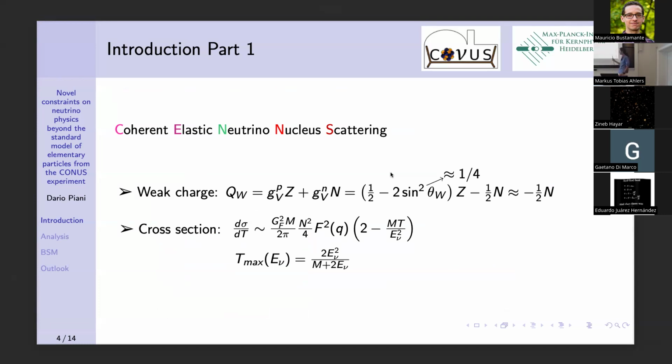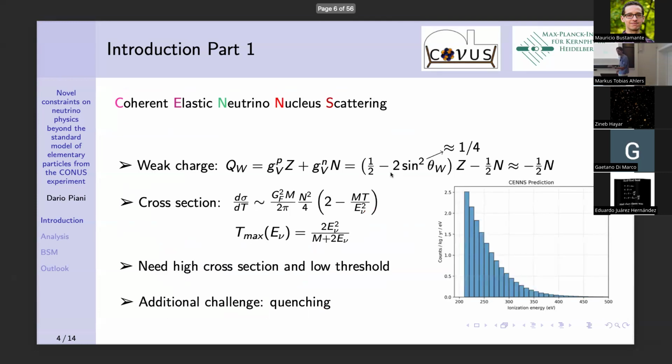And also from kinematic effects, we can calculate the maximal recoil energy that the nucleus can have. We have also already said that if the coherence condition is met, the neutrino doesn't see the internal structure, so the form factor of the nucleus can be approximated to 1.